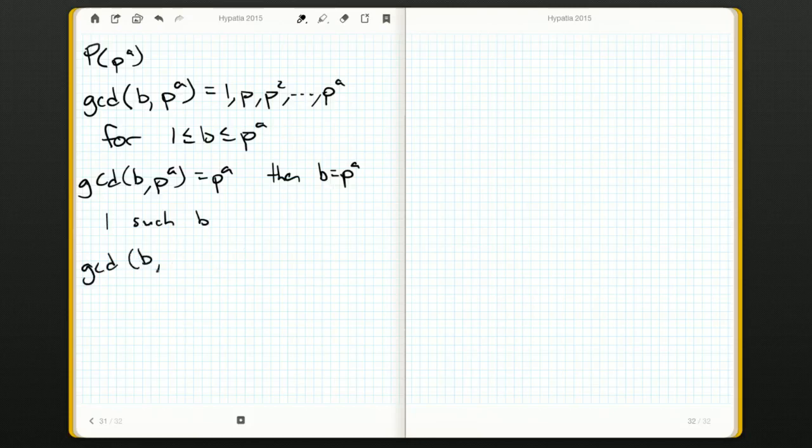How about the GCD of b and p to the a being p to the a minus 1? Well then, p to the a minus 1 will have to divide b, and p to the a is not allowed to divide b. Okay, b going from 1 to p to the a.